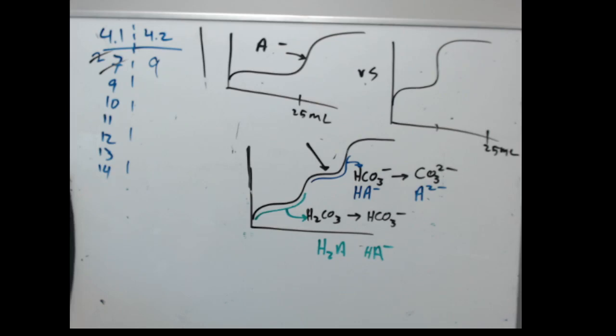The only thing left in solution is our conjugate base, A minus, and water. So the equilibrium we look at to determine the pH is going to be that conjugate base in water.